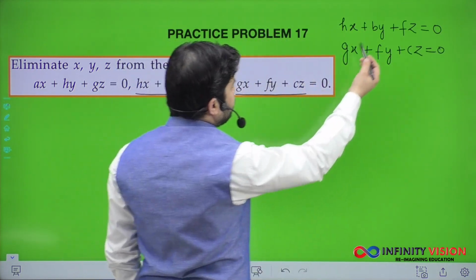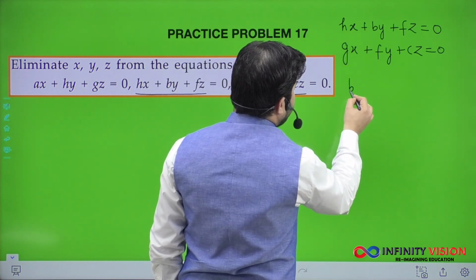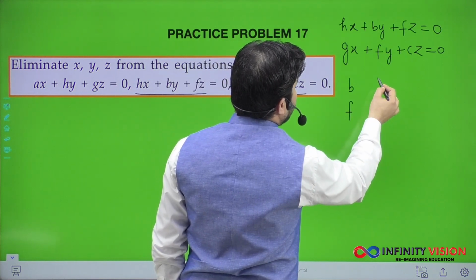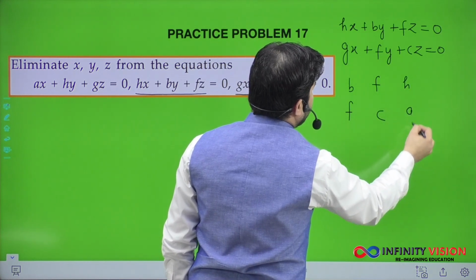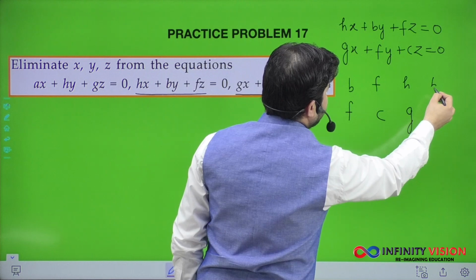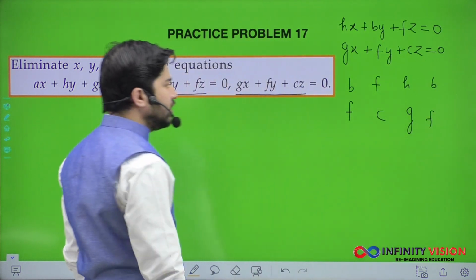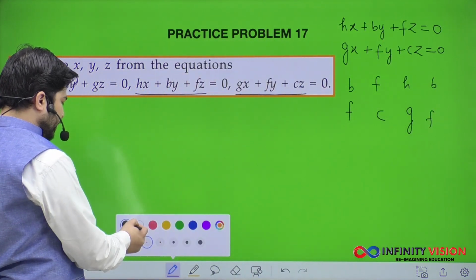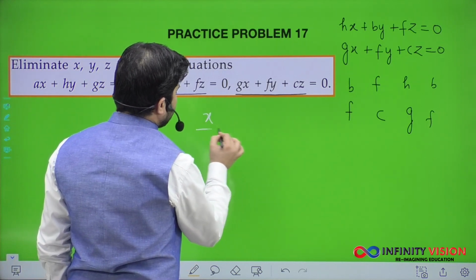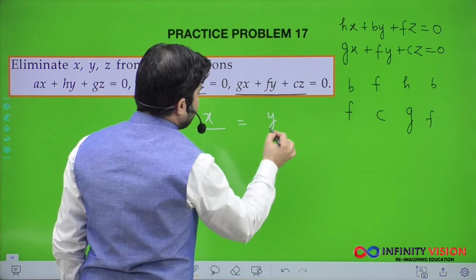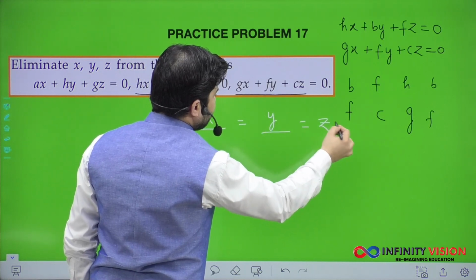As you know, you have to begin with bf, then fc, then hg, and then you have to end with bf. This is how we write the constants below our variables, below x, below y, below z.